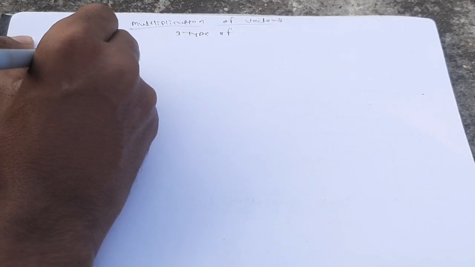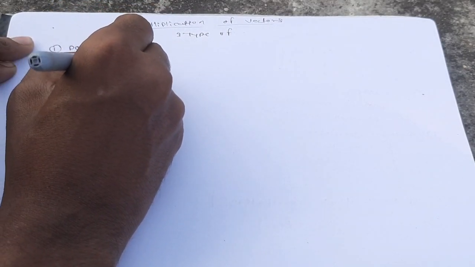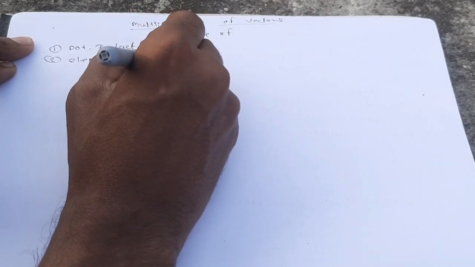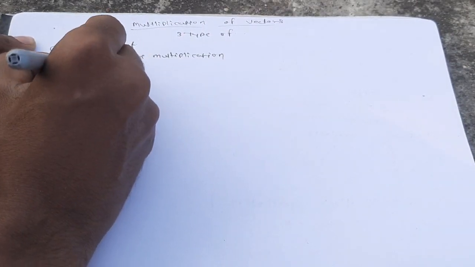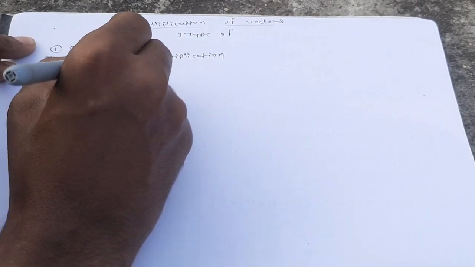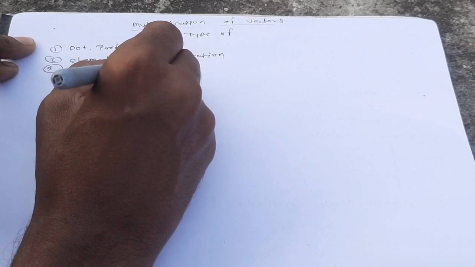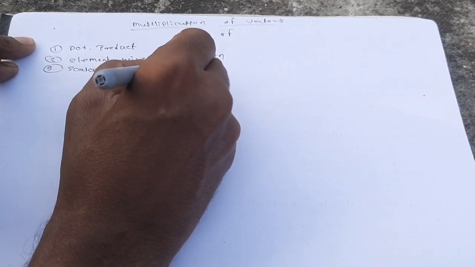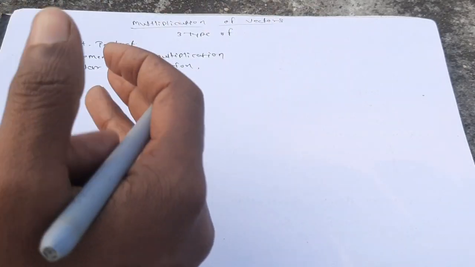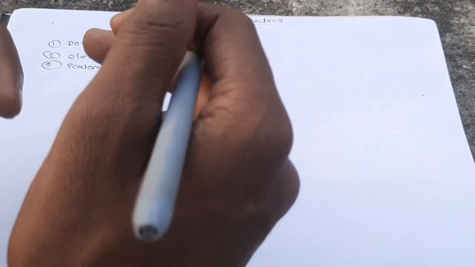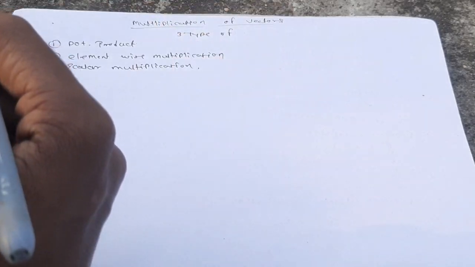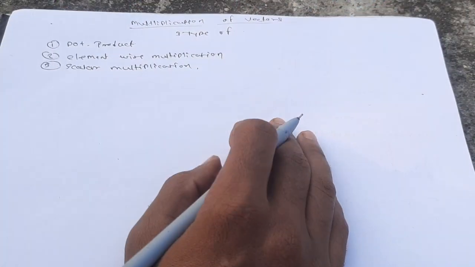The second one is element-wise multiplication. The third one is scalar multiplication. There are three types of vector multiplication. We will talk about them one by one, and see how to multiply two vectors together.